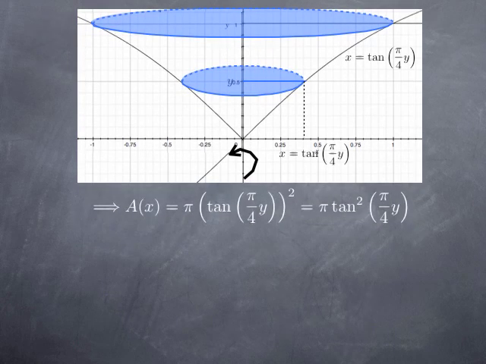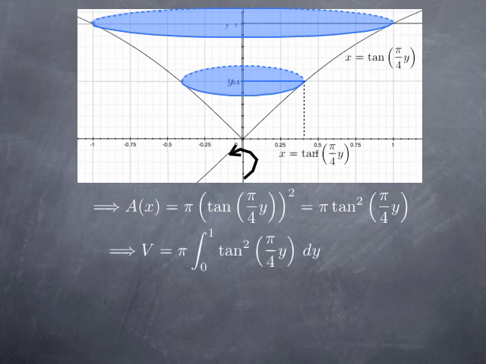Now, to obtain the volume of the solid of revolution, we need to integrate that function from 0 to 1. There's a typo here. Instead of a function of x, it should be a function of y. Of course, this is a function of y. So now I have to calculate this integral from 0 to 1 of tangent squared of pi over 4 y dy.